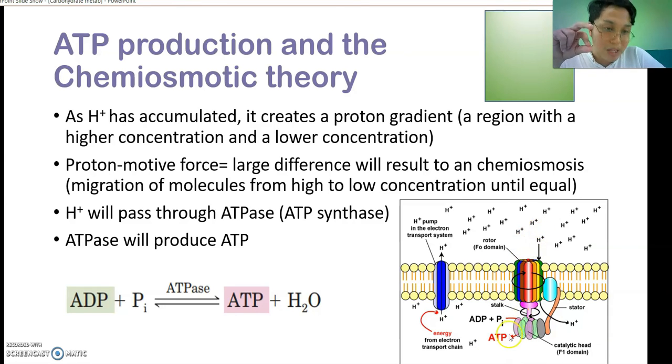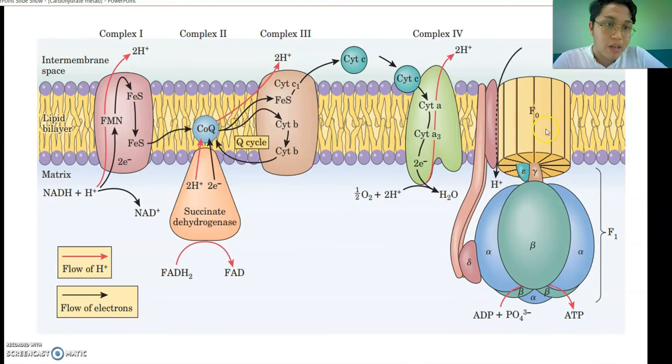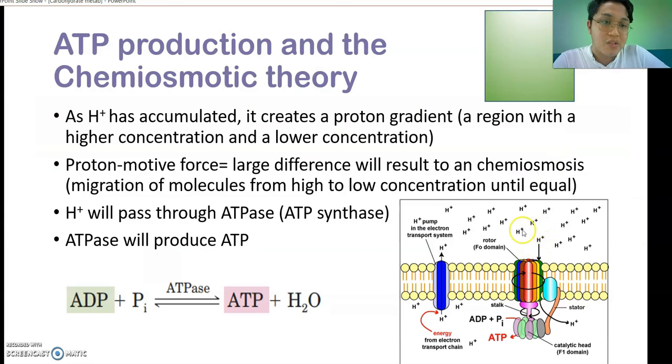Okay, so yung pagbaba na yon, chemiosmosis yon or your proton motive force. Kasi proton yan, okay? And then motive force because this rotor or this ATPase or your ATP synthase, para yung motor guys. So ang aandar na ngayon yan. So magpro-propel yan, 'di ba?